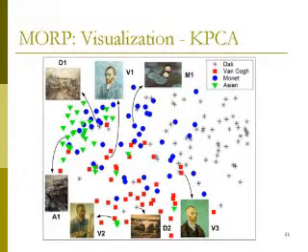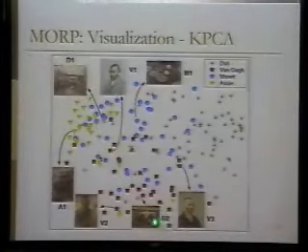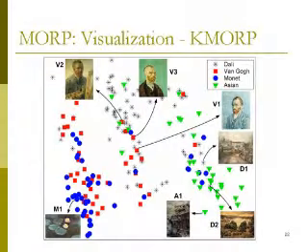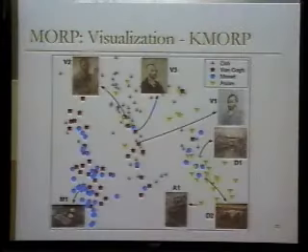But in the kernel PCA space, they are very far away. D1, D2, yeah. So by using the supervised PCA idea, you can recover the intrinsic similarity of these data points in terms of output. This is very useful for visualization tasks.